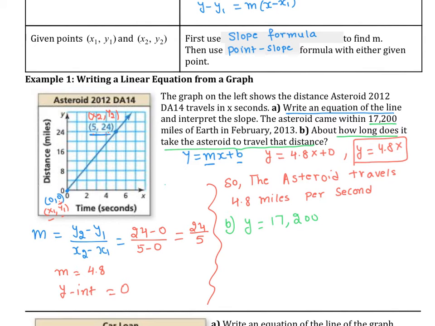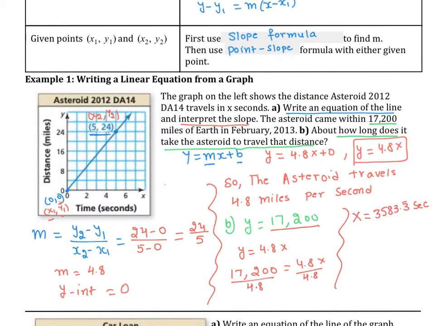The equation that we found is y equals 4.8x, and this is the equation of the line that interprets the slope. We're going to use 17,200 for y, and then find out what the x value is. So divide by 4.8 on both sides. You can use the calculator for that.